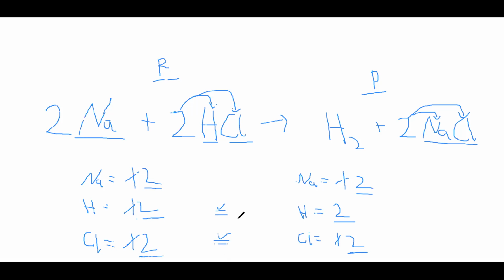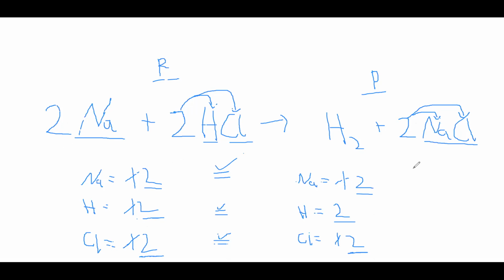So our Cl's, we already determined, are balanced, 2 on the reactants, 2 on the products. Our H's, we already determined, are balanced, 2 on the reactants and 2 in the products. And now our Na's are balanced as well, 2 on the reactants and 2 in the products.